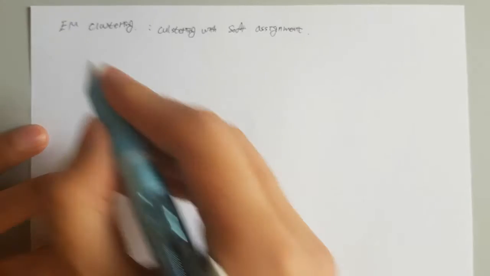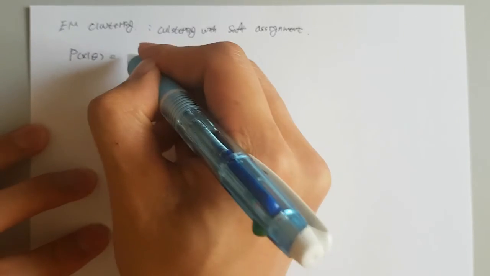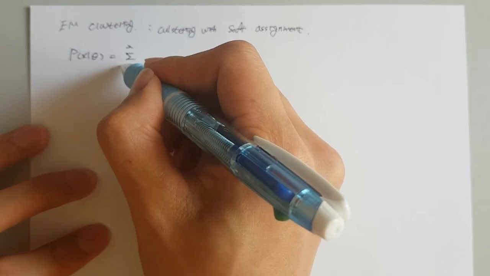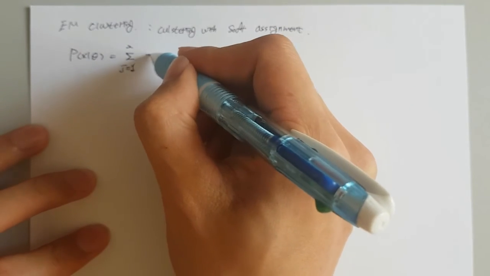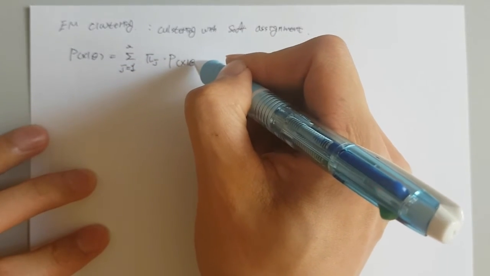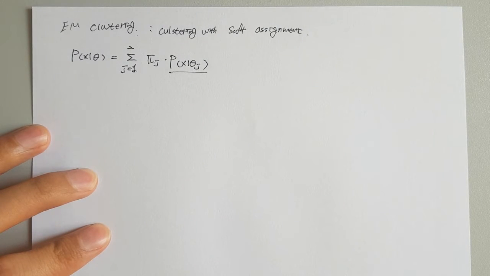So as we discussed, probability can be divided among each distribution. So this is the weight, and this represents the probability of the distribution, a Gaussian distribution for us.